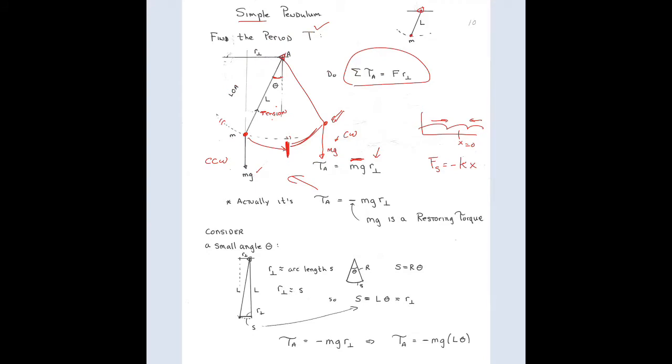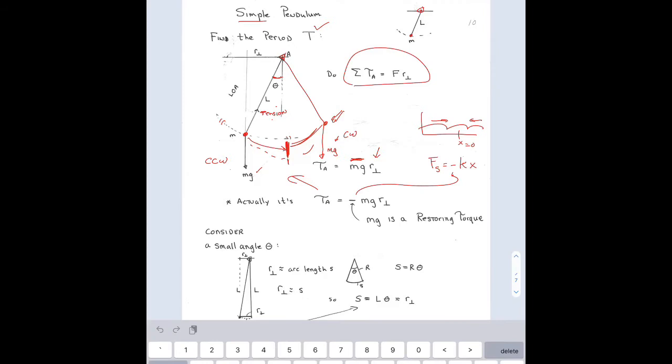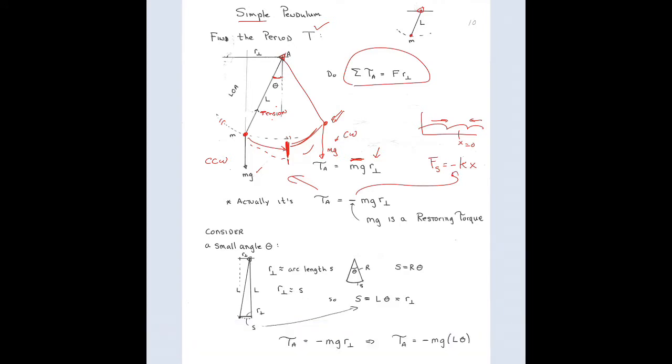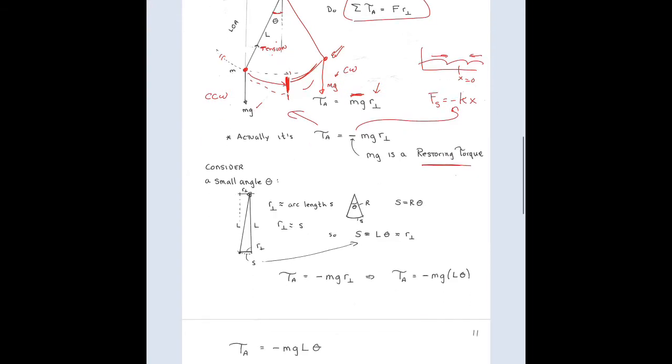That doesn't happen. As soon as this thing passes that center point, the torque is now clockwise to bring it back. So the minus sign is there to indicate that the torque is a restoring torque. That's my torque: minus mg times that moment arm.